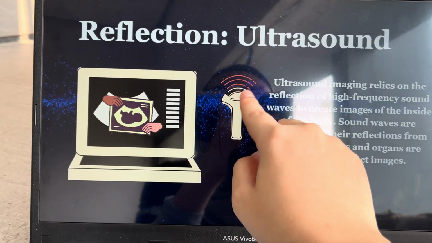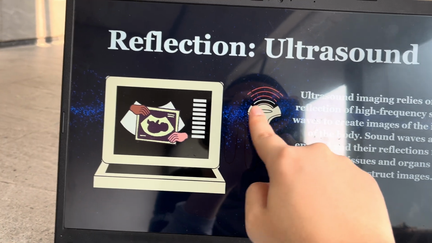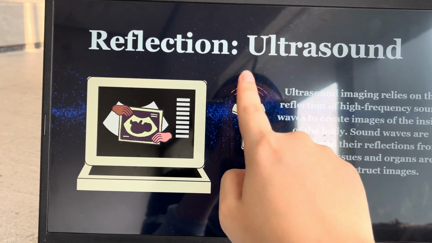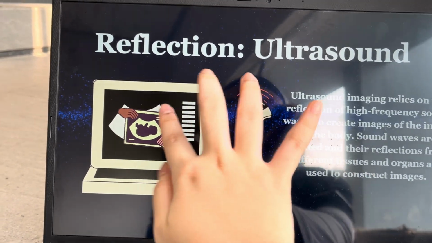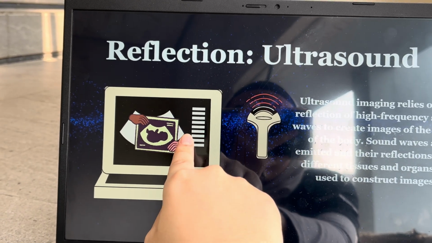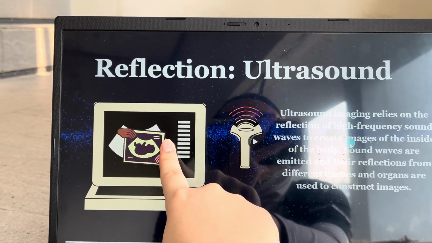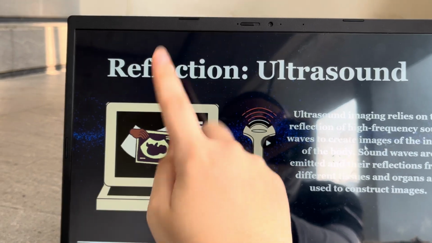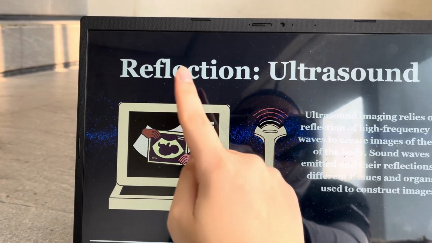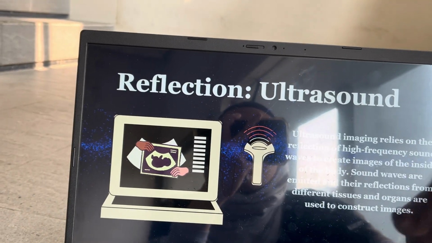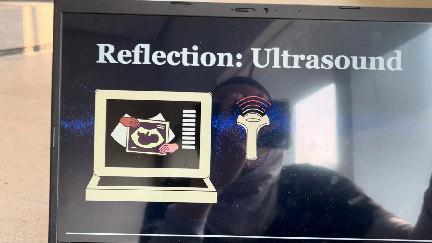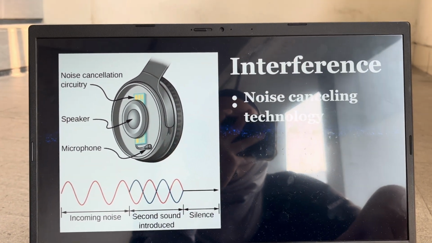So if you ever accompanied your mom, this is the tool that emits the sound, and then you can see the image on the screen. And this tool is really important in the medical field because it tells the condition of the baby or the condition of the organs in your body. So yeah.